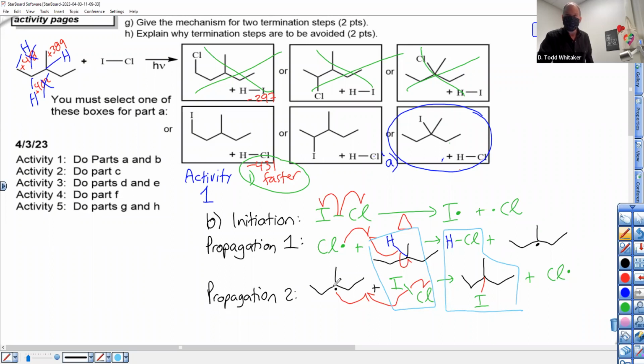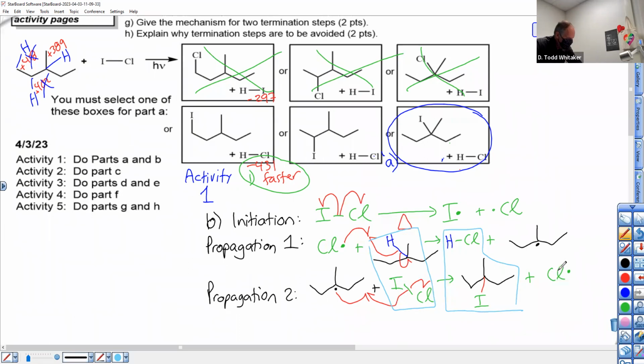They never came off the shelf. Okay? So this radical appeared in prop 1 and it's used in prop 2. That's the intermediate. That is a what? Reactant, this is a what? Product, what's this? Intermediate.